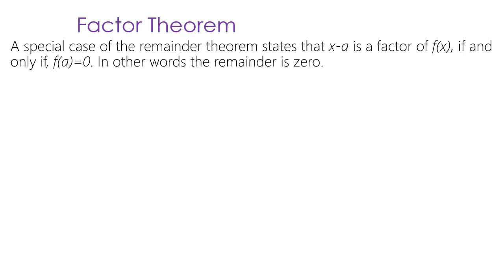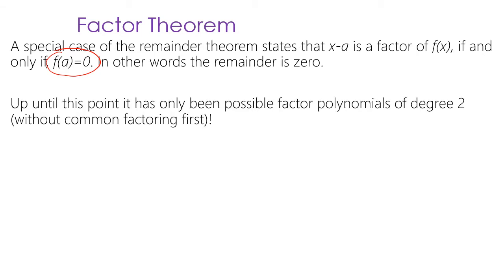A special case of the remainder theorem states that x minus a is a factor of f of x if and only if f of a equals 0. In other words, the remainder is 0. This is the important thing to remember to highlight. It's going to help us factor.